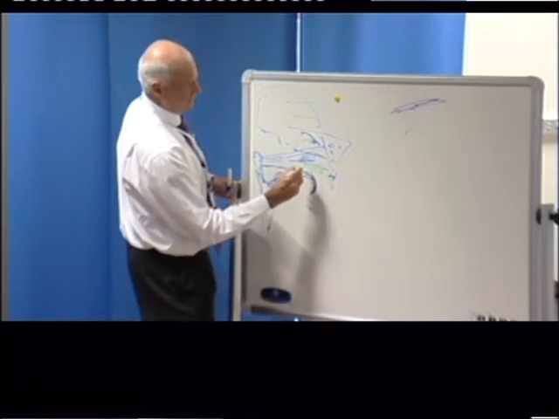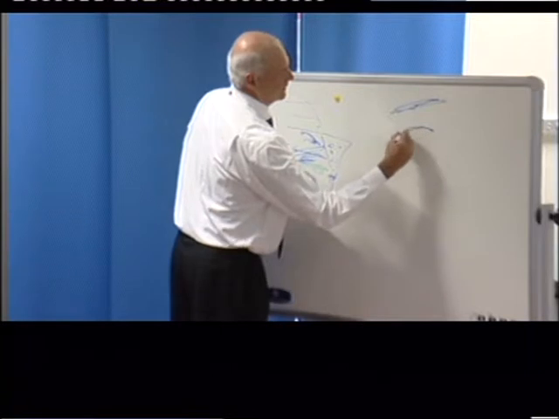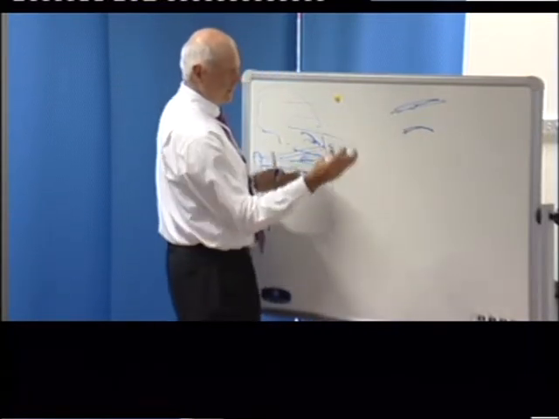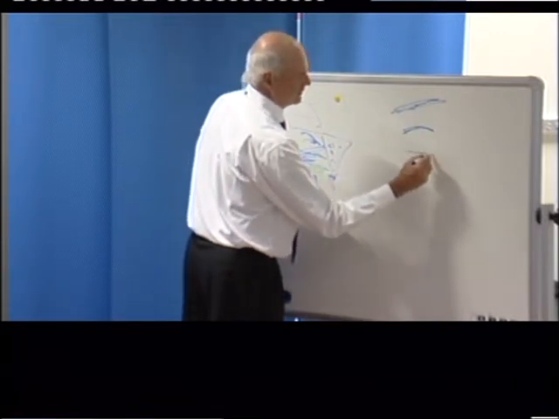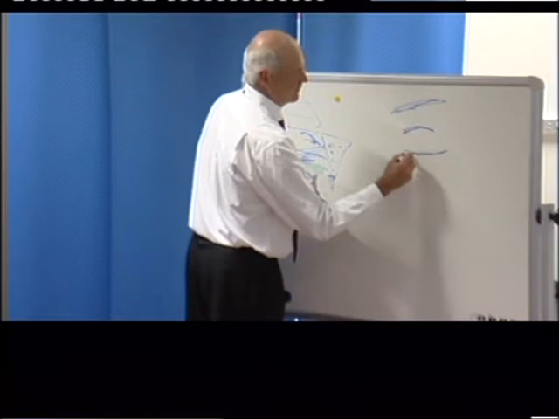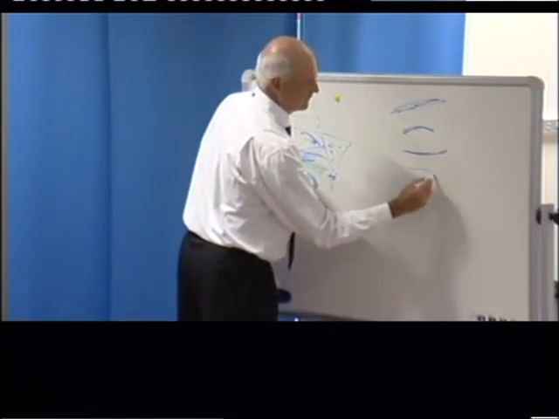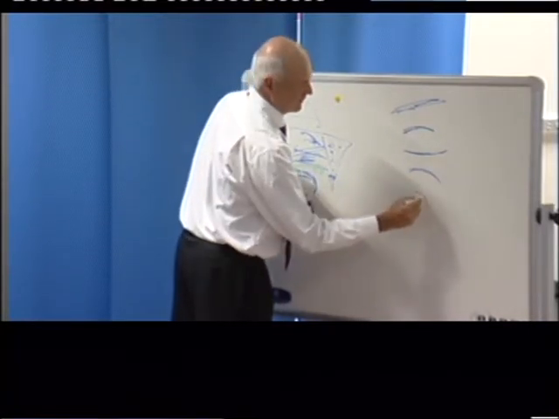Now when I get to the ischium, it looks round. Okay, then when I go down a little bit more, it flattens out. And then it rounds back down. And then it becomes very small.